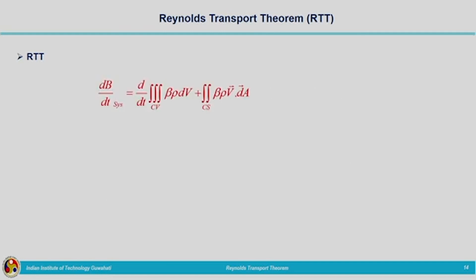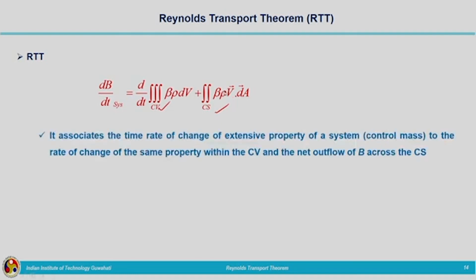I am rewriting it again. dB by dt of system is equal to d by dt of beta rho dV across the control volume plus surface integral of beta rho V dot dA across the control surface. So, the left hand side associates the time rate of change of extensive property of a system.